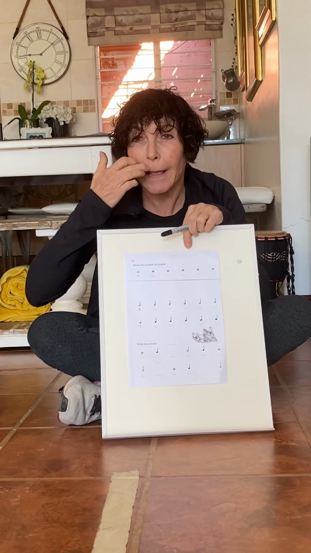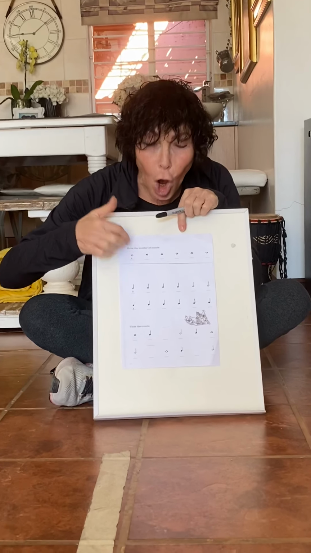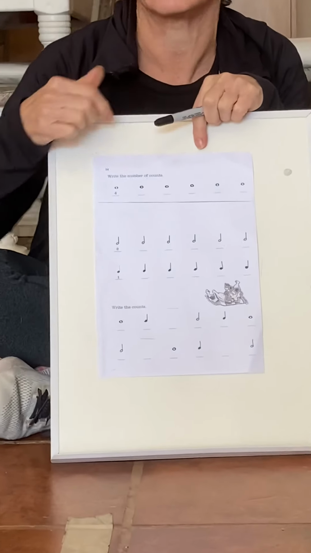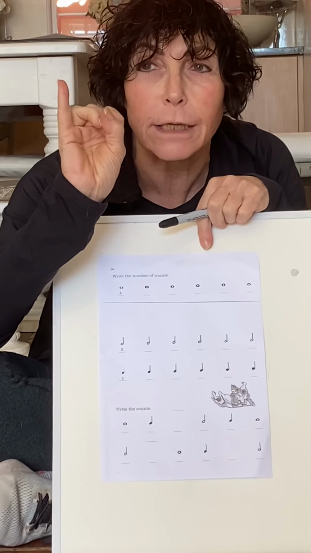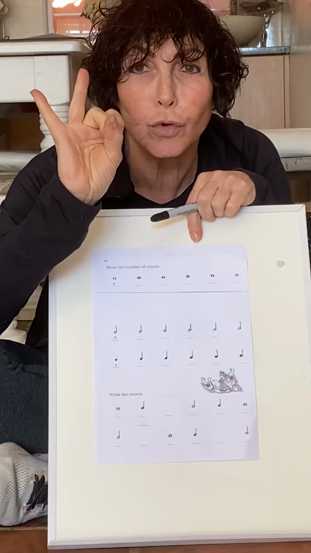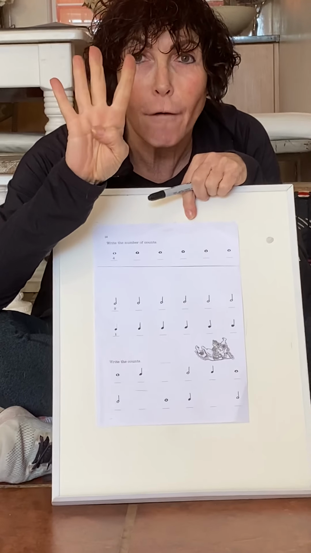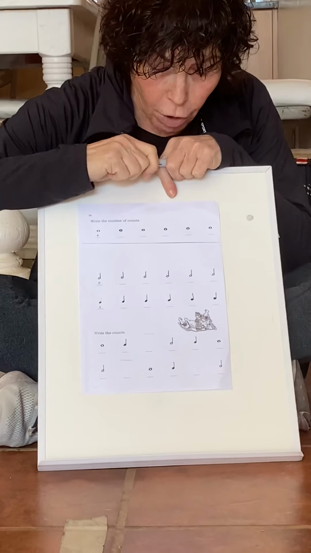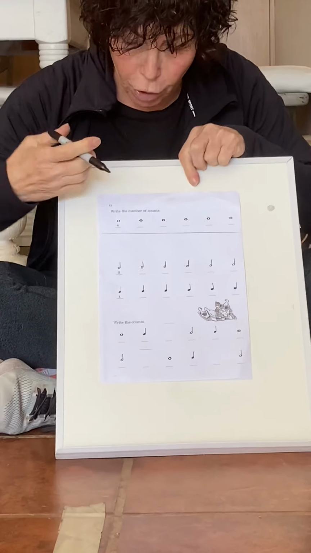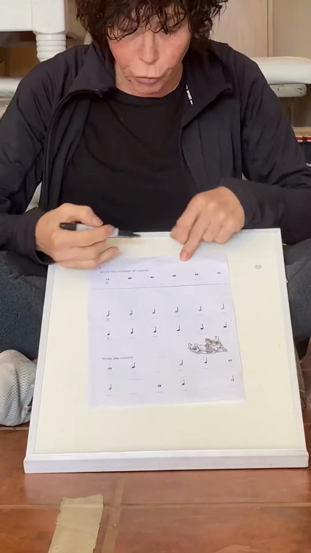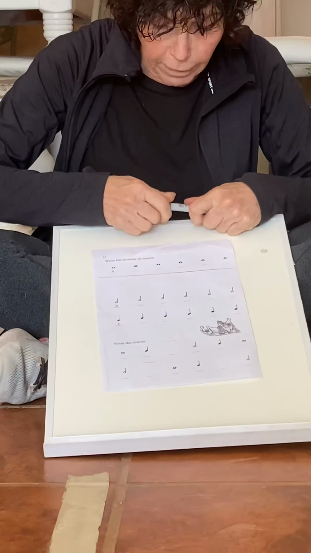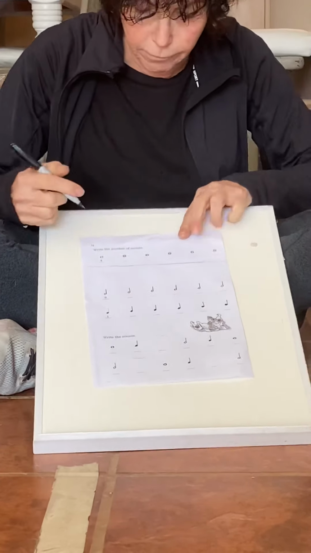Here is a whole note. And the whole note gets 4 counts. 1, 2, 3, 4. So what are you going to do? You are going to write 4. You're going to write another 4 under the next whole note.